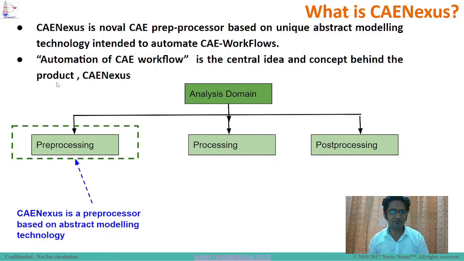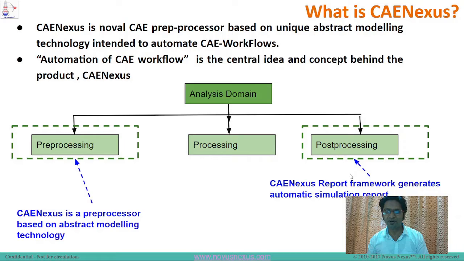CAENexus basically falls into the pre-processing domain. It's a preprocessor based on abstract modeling technology, as well as the CAENexus report framework, which helps to generate automatic simulation reports. So CAENexus falls in two domains, pre-processing as well as post-processing.